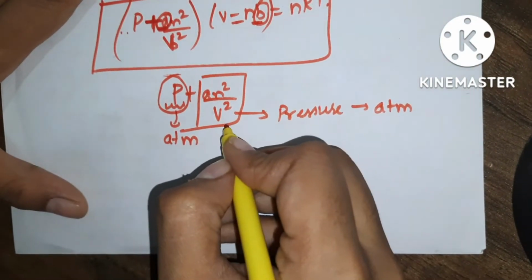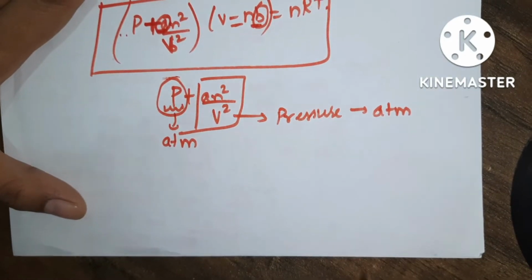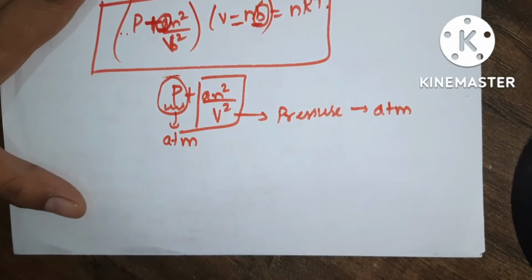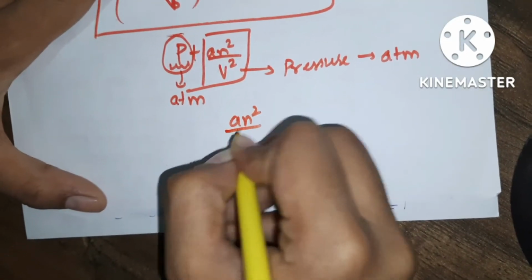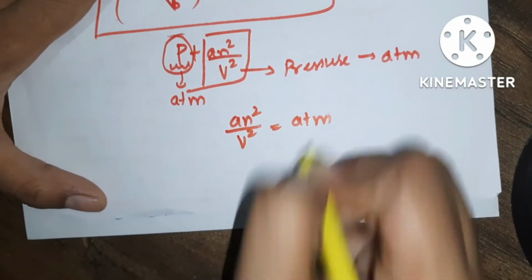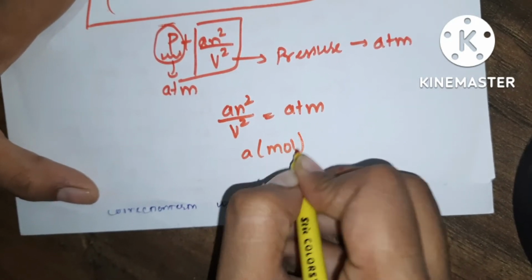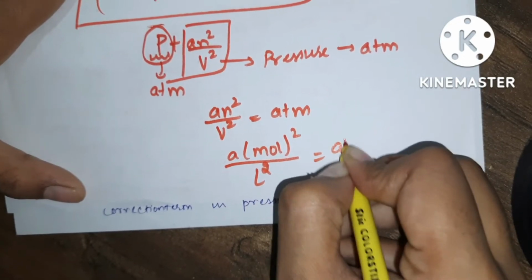Volume can be in liter, decimeter cube, centimeter cube, milliliter, or anything else. So an²/V² is equal to atmosphere. The unit of n is mole squared, divided by volume unit liter squared, equals atmosphere.